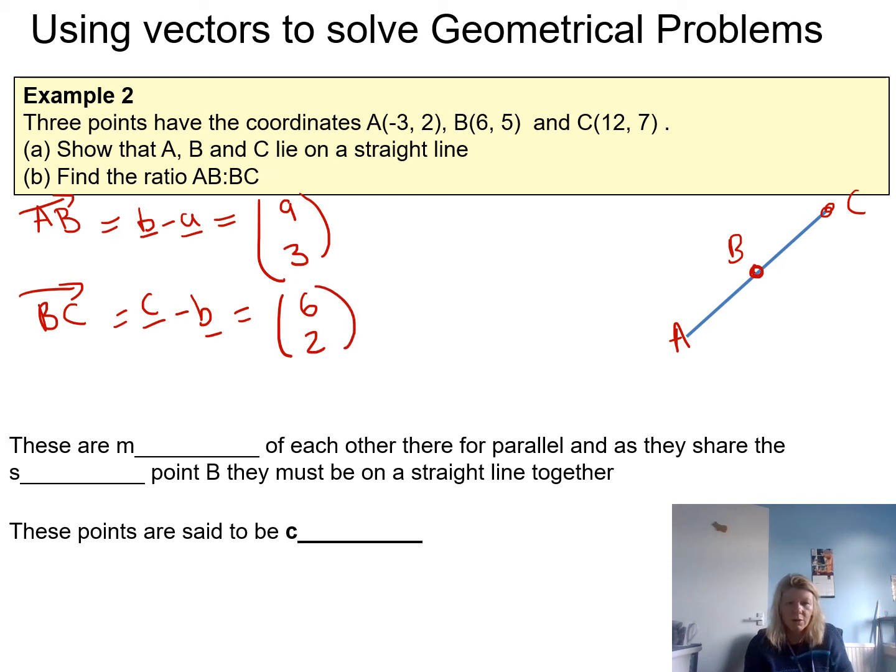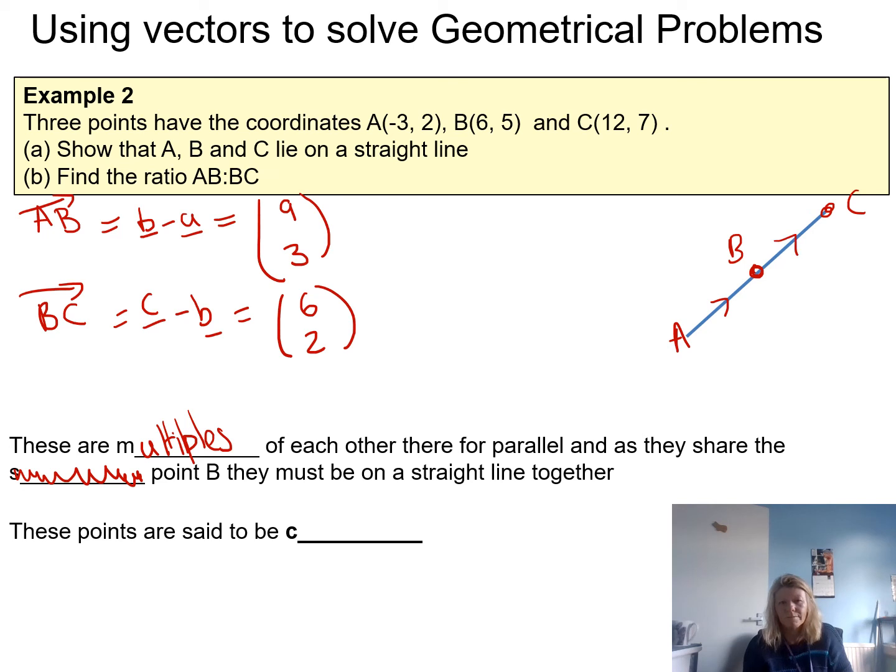So we can see those two are actually multiples of each other. Oh, goodness me, spell that wrong. Multiples of each other, and therefore they're parallel. And as they share a common point, which is B, they must be on a straight line together.